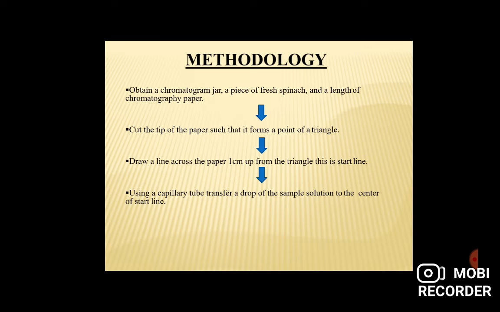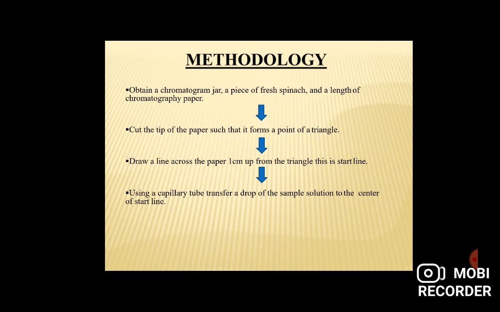First, obtain a chromatogram jar, a piece of fresh spinach and a length of chromatographic paper. Cut the tip of the paper such that it forms the point of a triangle.